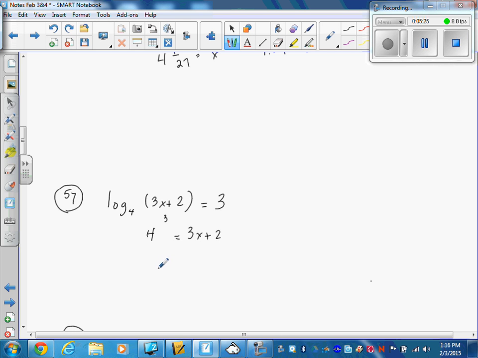So what is 4 to the third power? 64. So 64 equals 3x plus 2. Subtract 2 from both sides, so 62 equals 3x. And so x is approximately 20.67 because I did round it. It was 20.6666, and I rounded that.